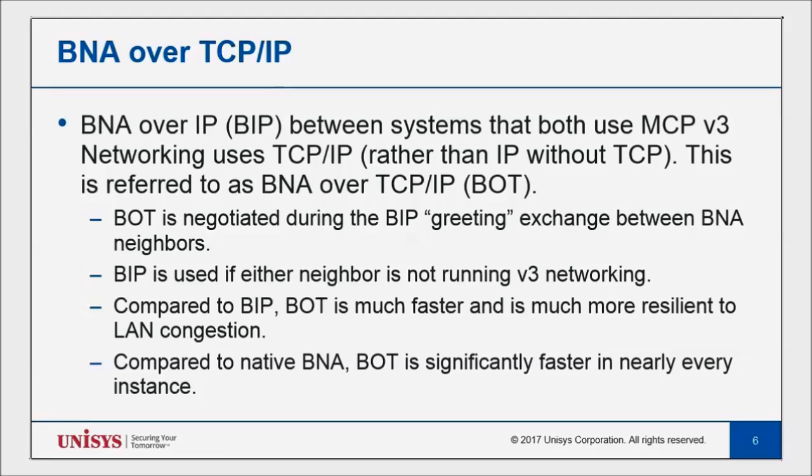It's negotiated during the BIP greeting exchange. And if either neighbor is not running v3 networking, then BIP is used in its traditional mode. So that gives straightforward migration. All you have to do is install v3 networking at both ends, and then BOT will automatically be negotiated.